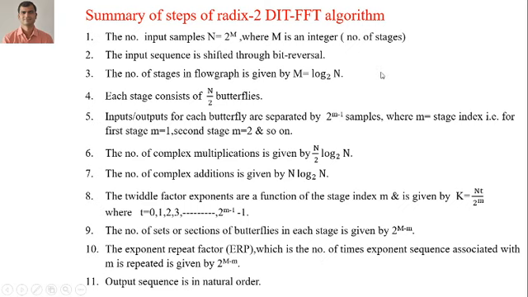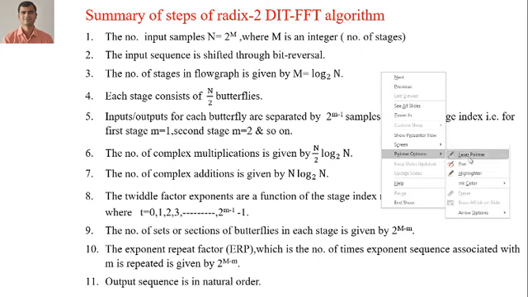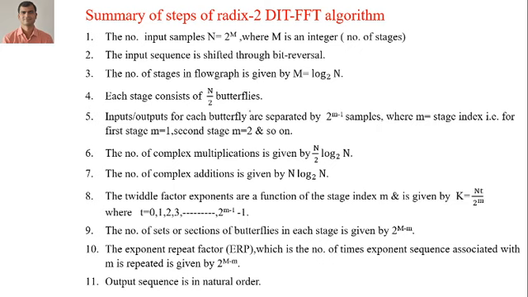So let me take the pointer option. Now the first point is what? The number of input samples, capital N, is equal to 2 raised to m, where m is an integer equal to the number of stages. I have told you earlier, when capital N is equal to 8, it can be represented as 2 raised to 3.